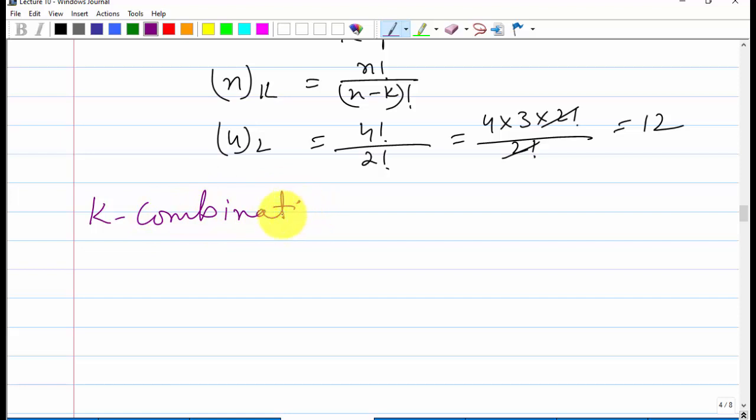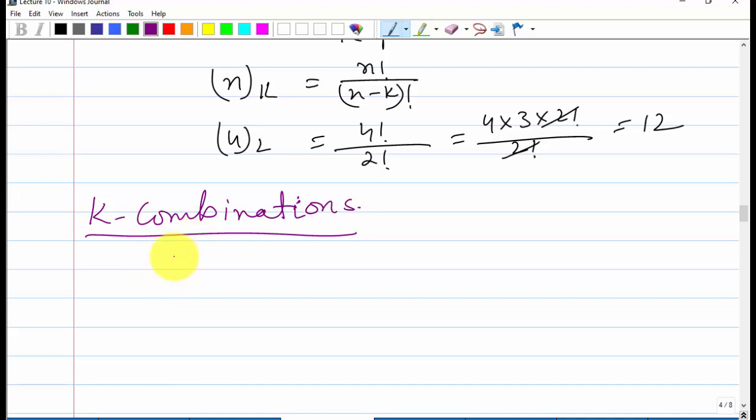K combinations. So k combinations, we have seen that in the previous examples 2.7 and 2.8.